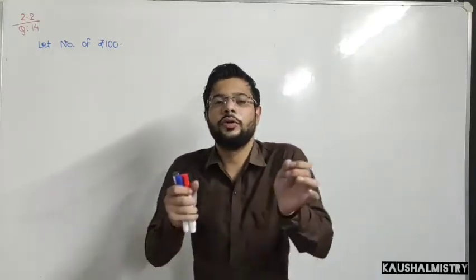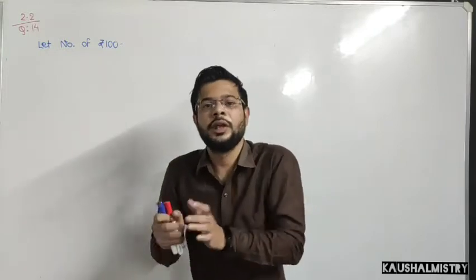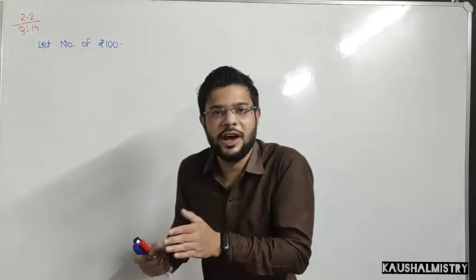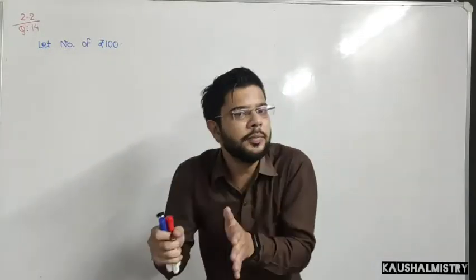So Lakshmi is a cashier in the bank. She has notes of 100 rupees, 50 rupees and 10 rupees, and the ratio of these notes will be 2 : 3 : 5. That means first will be the 100 rupees note.